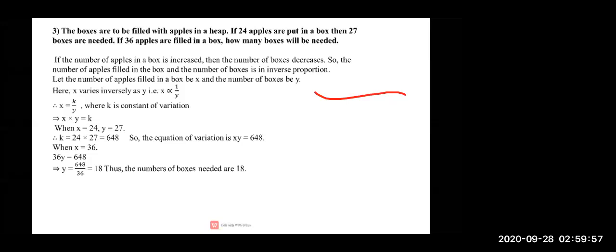So the number of apples filled in the box and the number of boxes are in inverse variation.